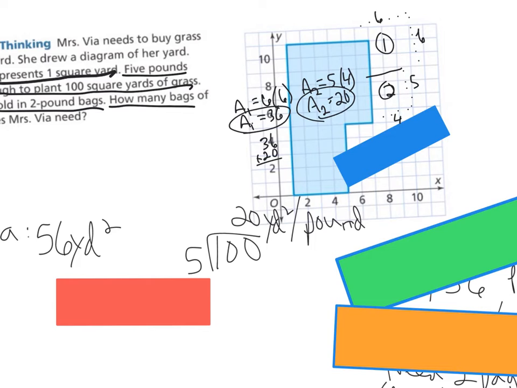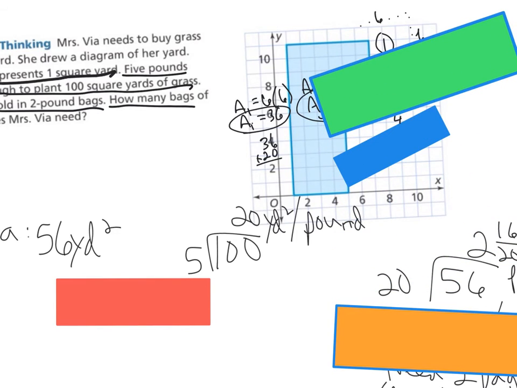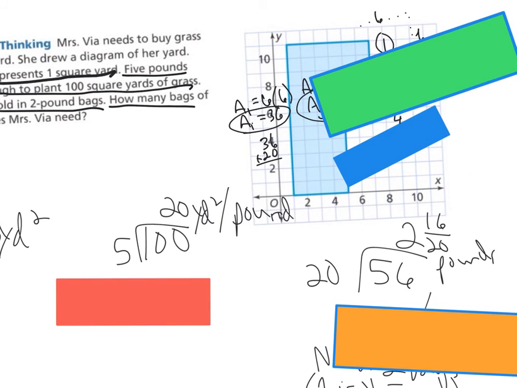Once we know that 1 pound would cover 20 square yards, then we could figure out how many pounds we need. So 56 divided by 20, we would get 2 16/20 pounds that we need.